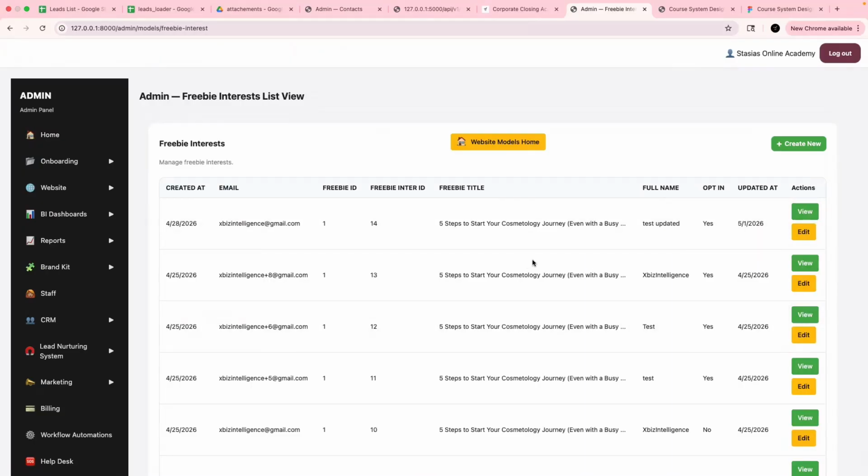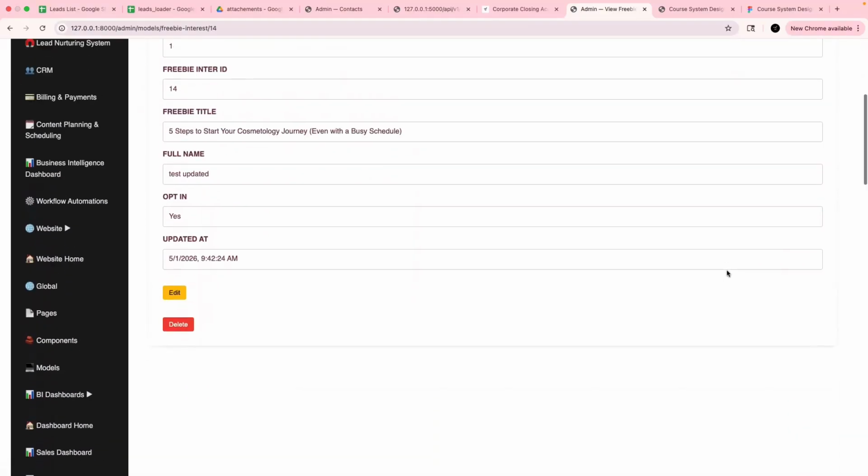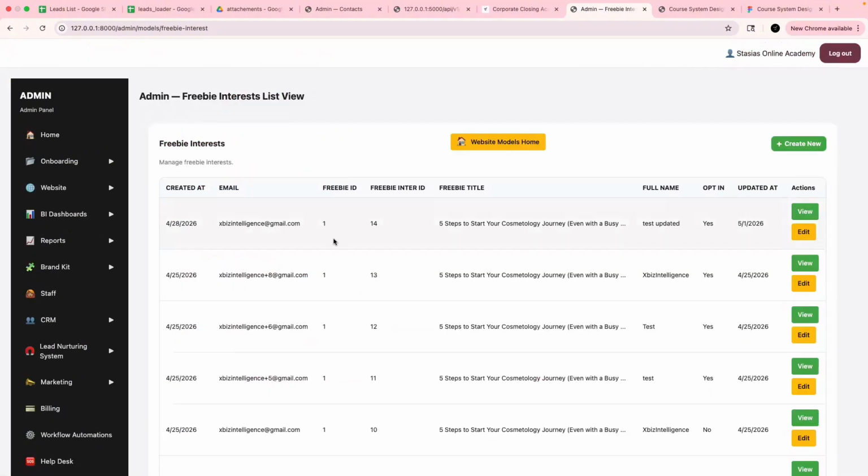These are all the people. When someone downloaded the freebie, this is how their information is automatically recorded. So these are basically the leads that came in from downloading the freebie.